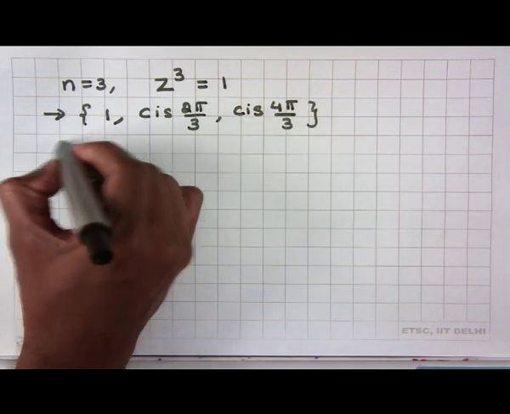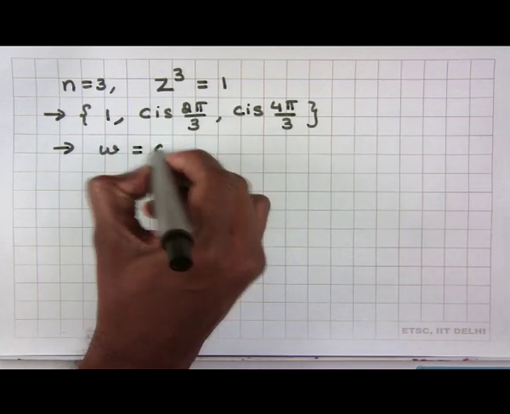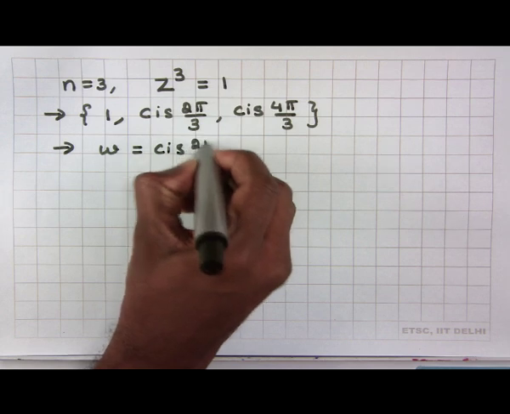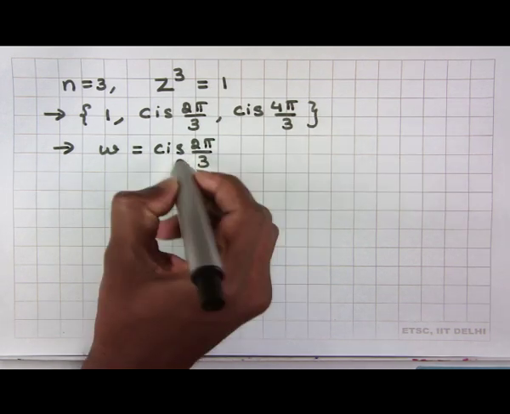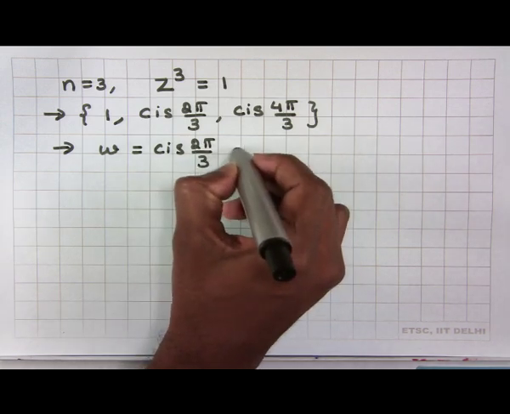Okay. So, there is a special notation, omega, which is cis 2 pi by 3. We know the value of cos 2 pi by 3 plus i sin 2 pi by 3.